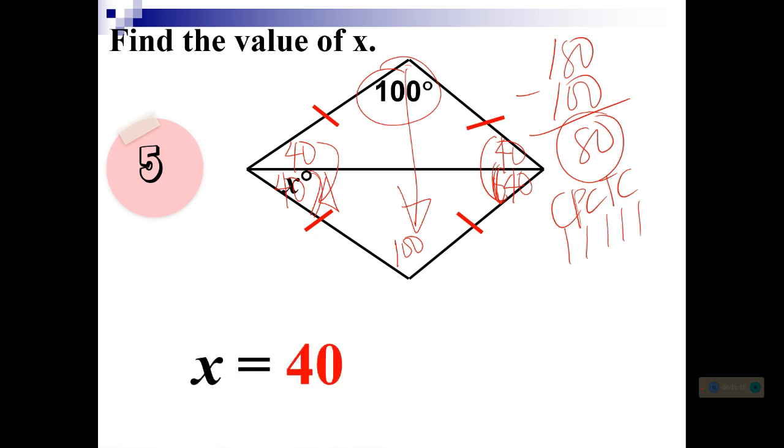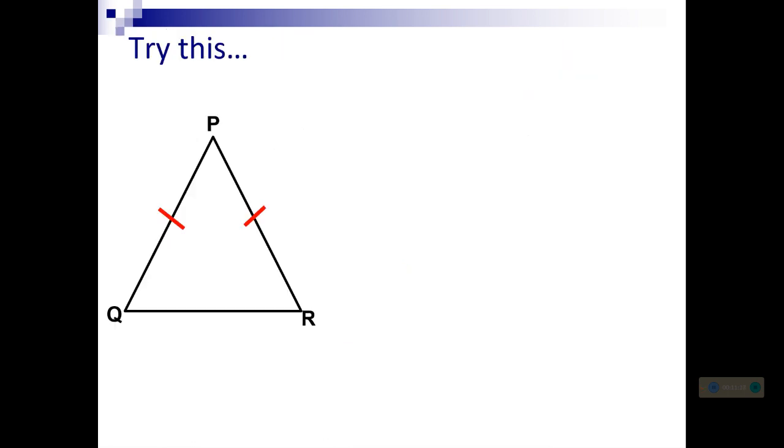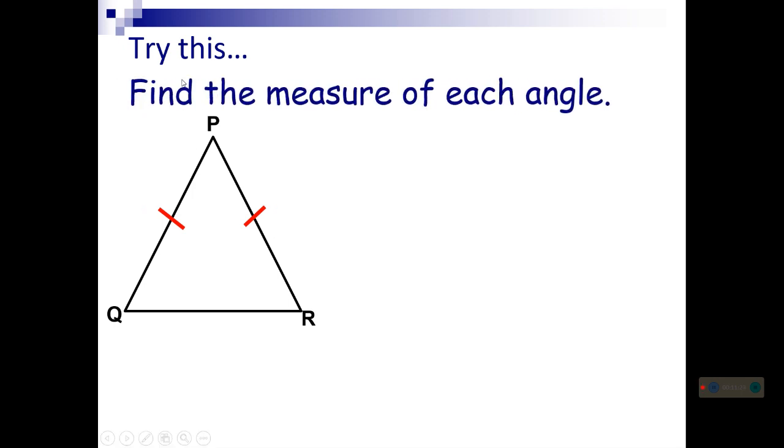Okay? So any question? So let's put some trick on our topic. Suppose that you are going to find the measure of each angle, wherein you are given triangle PQR, and the measure of angle P is equal to x plus 5, and the measure of angle Q is 2x plus 10.